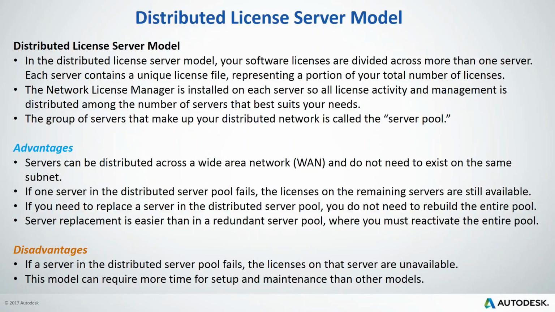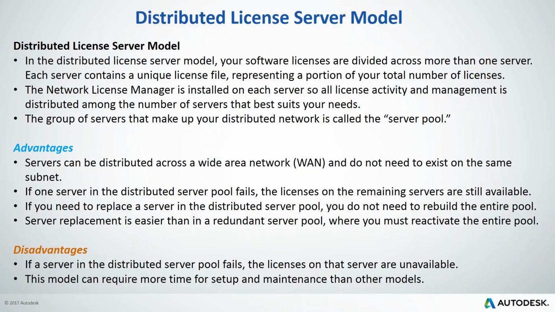The advantages of this type of license server model: servers can be distributed across the wide area network and don't need to exist on the same subnet. If one server in a distributed server pool fails, the licenses on the remaining servers will still be available.